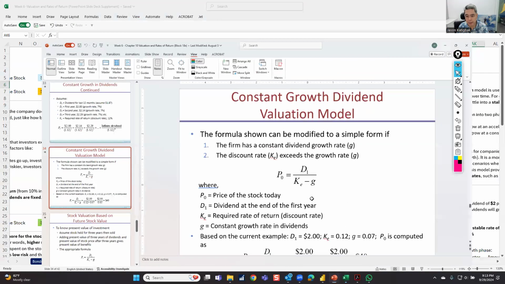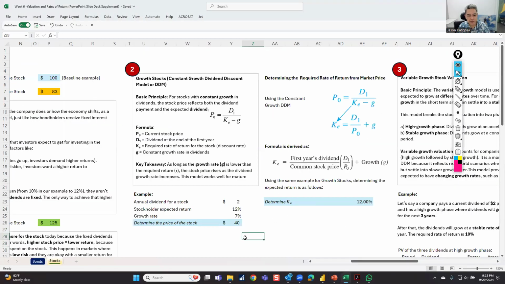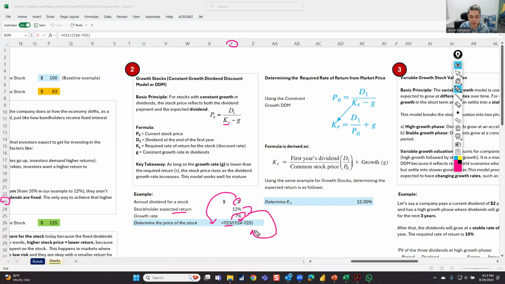I'm going to hide that. So how does the formula work? Y23 is the dividend. So what's the dividend? Y23, and the dividend is $2. So that's $2 divided by 12%, which is the expected rate, which is the KE, minus the growth, which is actually 7%.